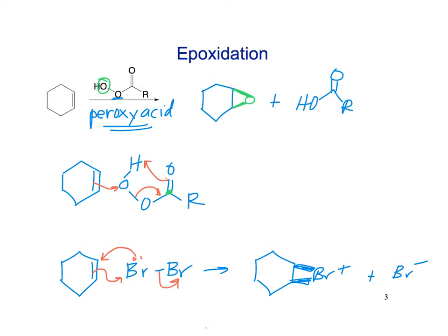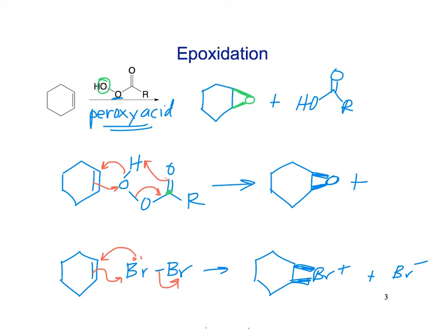And those electrons go back down to connect to the carbon. When this happens, the oxygen gets linked up to the pi bond to the carbons.